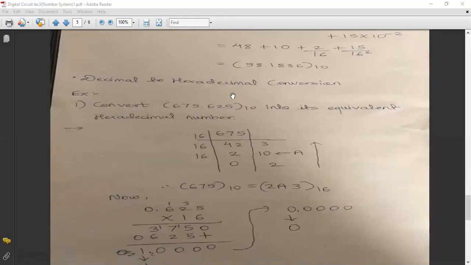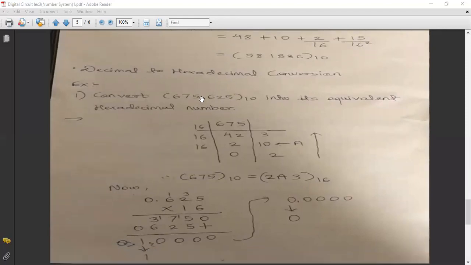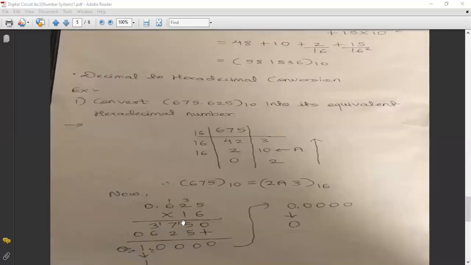Now what to do about the fractional part here? We are going to consider the fractional part and multiply it by 16. So 0.625 into 16. We have calculated this and we got 10.0. What we do here is extract the left portion of the radix point. So I have extracted 10 and consider the remaining part for further calculation.